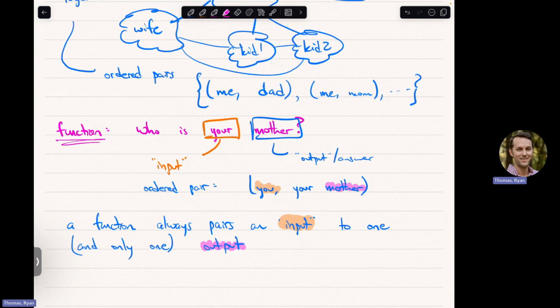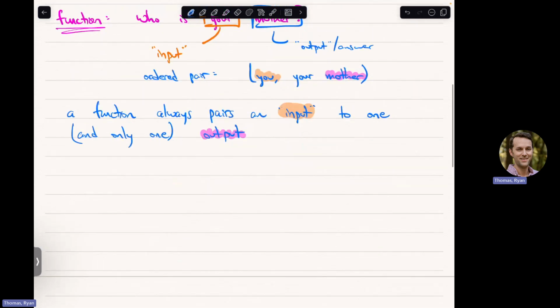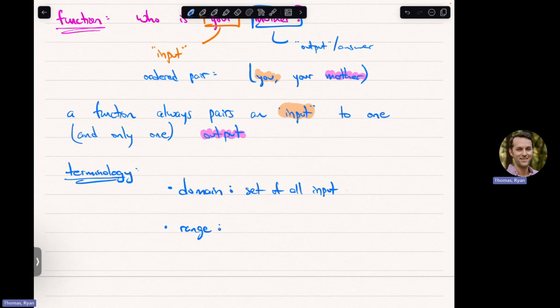So we'll talk about some more examples in class. We'll get some other perspectives on what this means, but a little bit of terminology first. Domain, range. Domain is the set of all input values for a function.